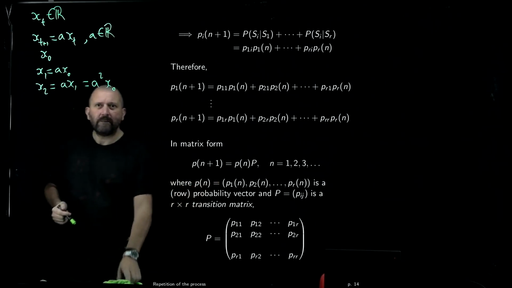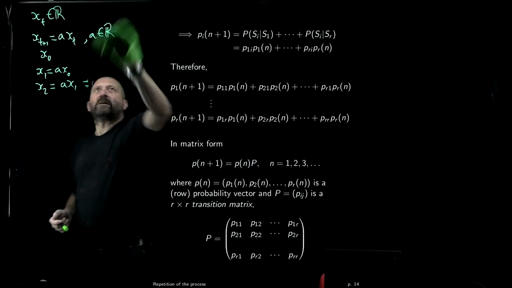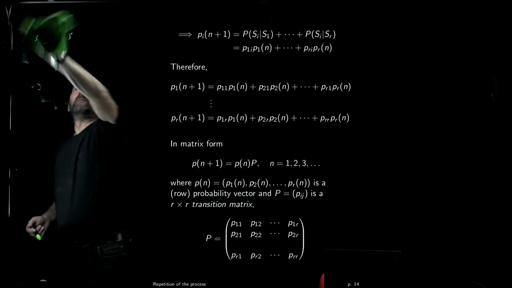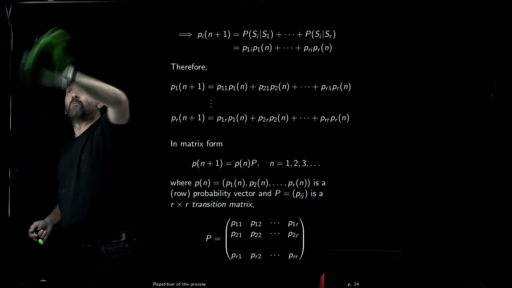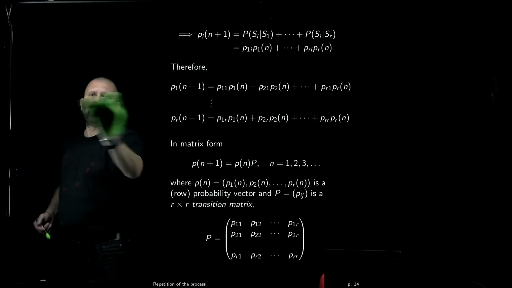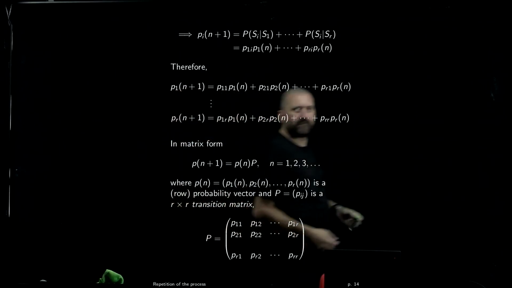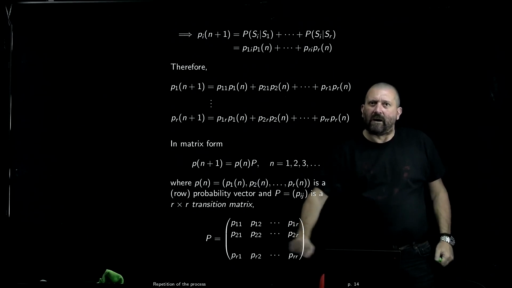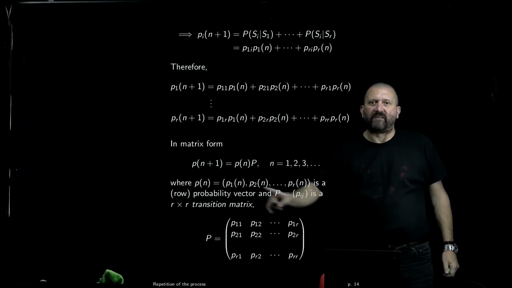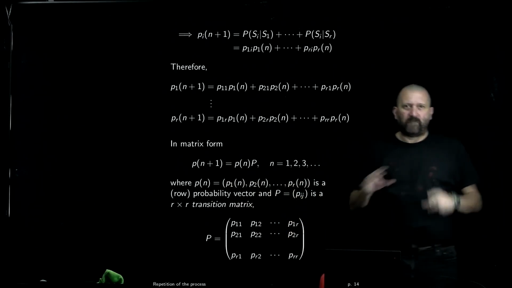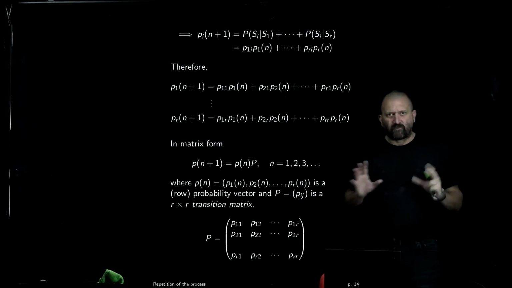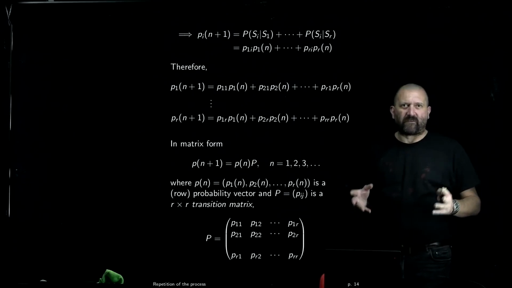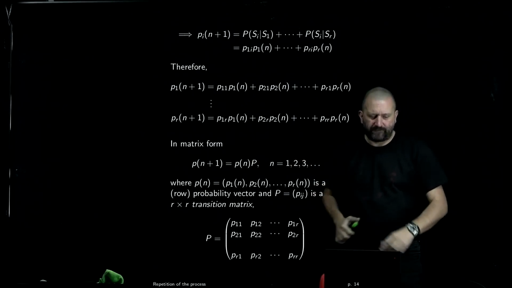So we call this a Markov chain with transition matrix capital P. That's called the transition matrix. And the vector p, the row vector in this case, is a probability vector, so it sums to 1.